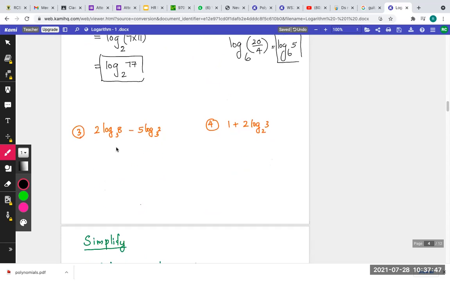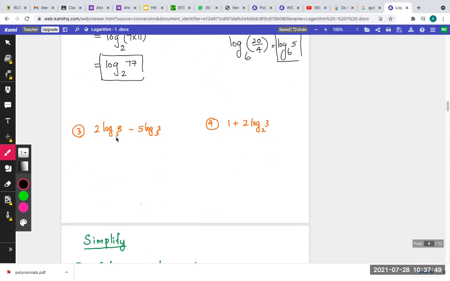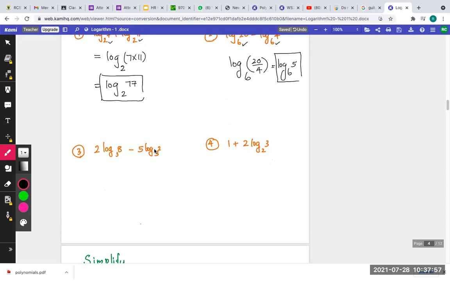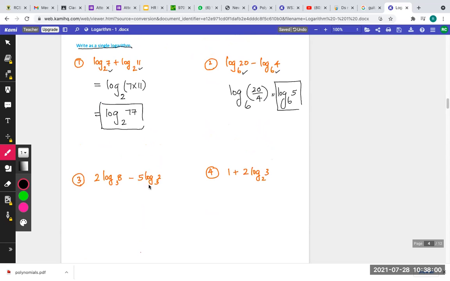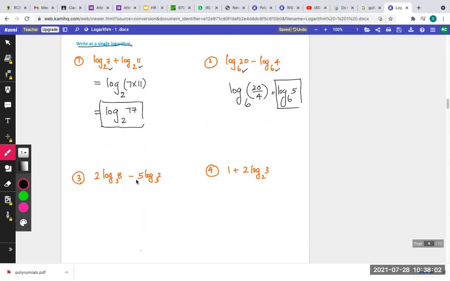All right. So the next one is 2 log 8 to the base 3 minus 5 log 2 to the base 3. In this context, what I strongly encourage you to do is, it is subtraction, guys. So definitely we can use division. Subtraction means what? Dividing 8 and 2. But make sure that log does not have any number prefixing, I mean any number before. There's a 2 here, that makes a problem, and there's a 5 here, that also makes a problem.